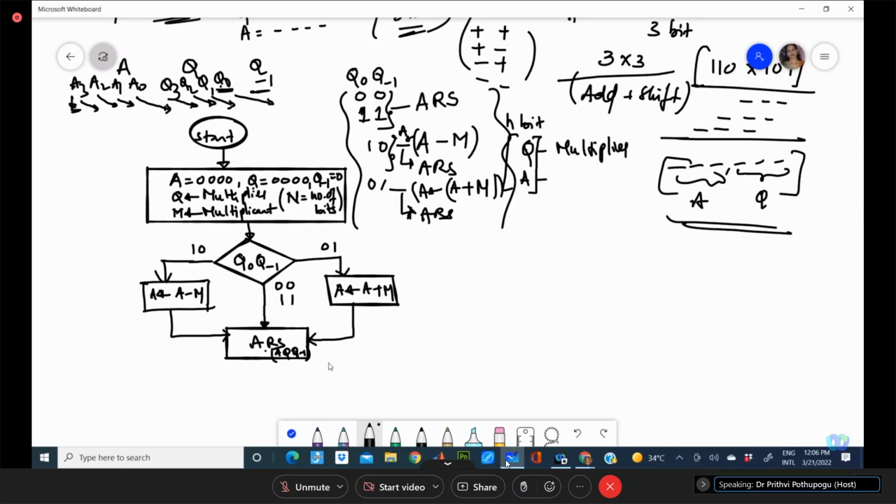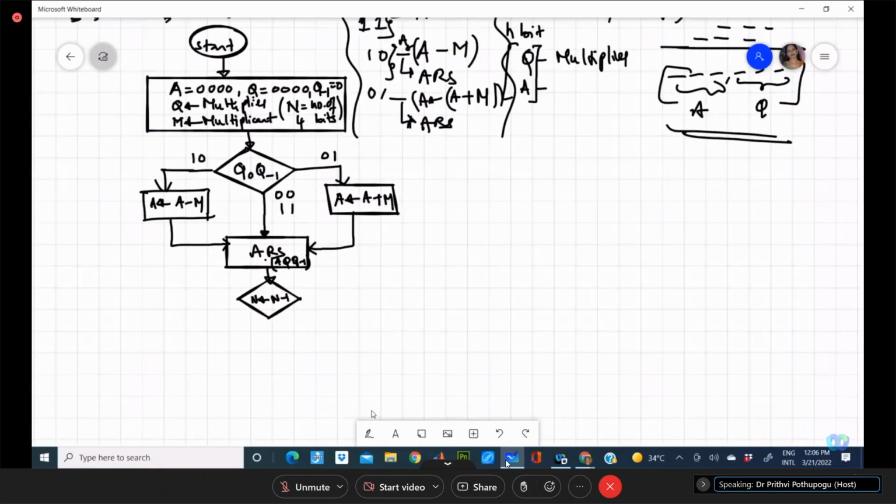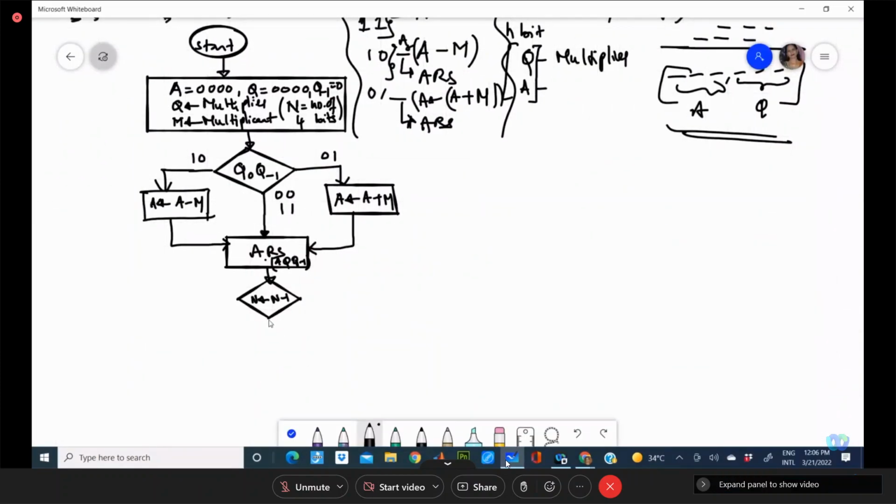Then how many times do we need to repeat this? We use a decrement counter sort of thing. You decrease the value of n. N is 4 here, and every time we decrease it. After decreasing, check whether n is 0.